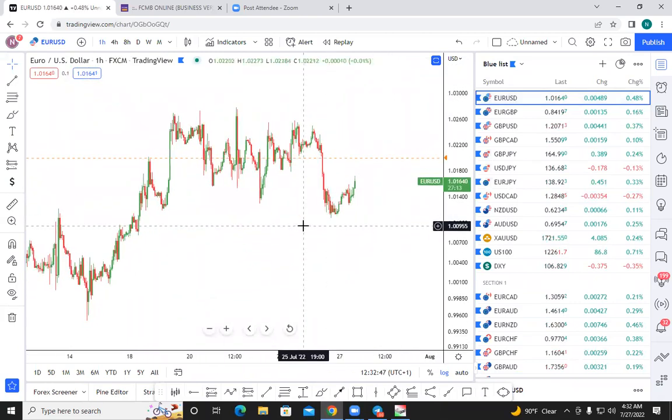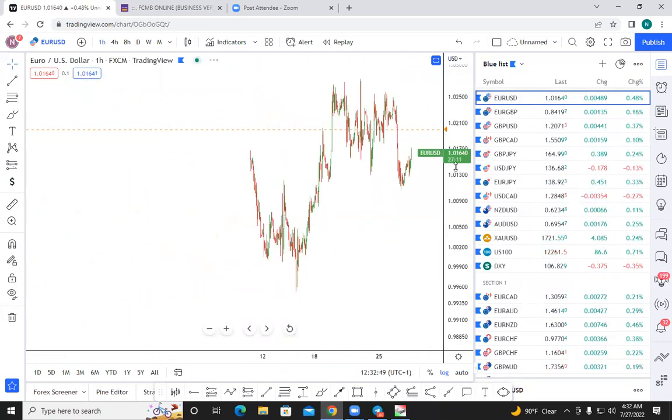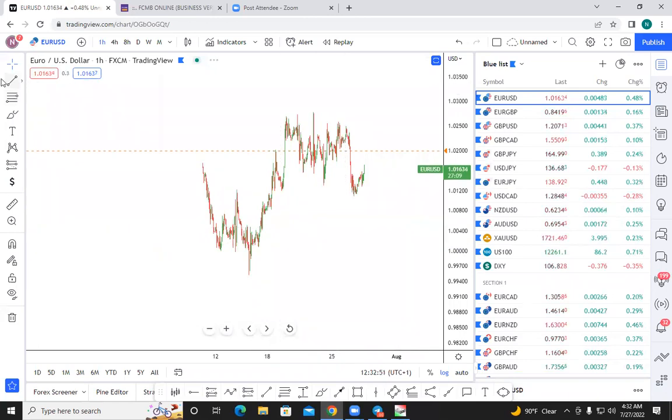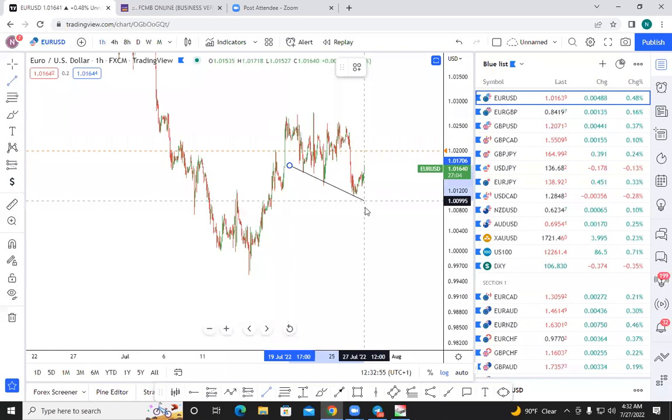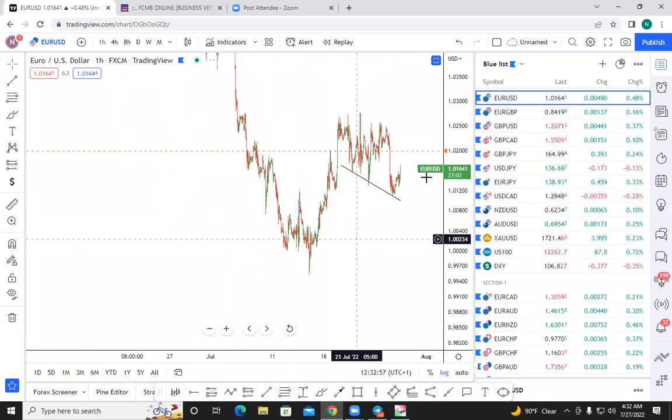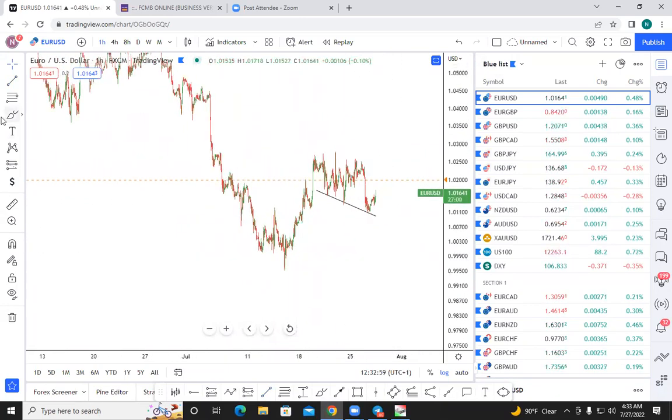Euro dollar. So now, what I'm trying to do here is this. You are seeing this consolidation. Ordinarily, if there's not going to be a Fed decision in the evening time, we would expect this to go up this way.